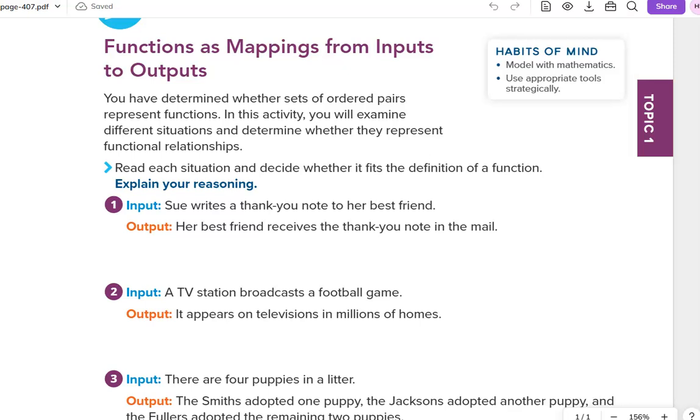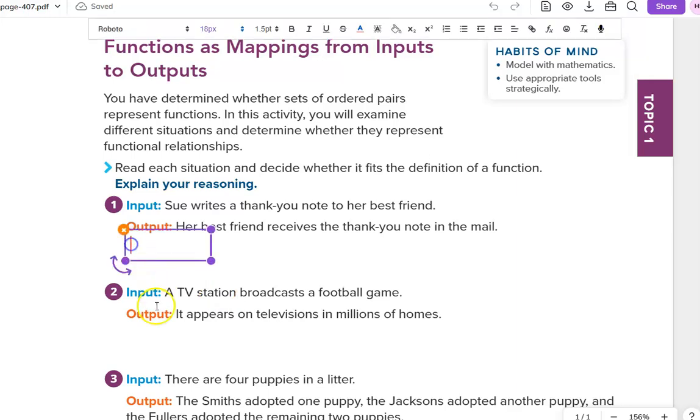So input, Sue writes a thank you note to her best friend. Output, her best friend receives the thank you note. So only 1 person. It's from Sue to best friend.